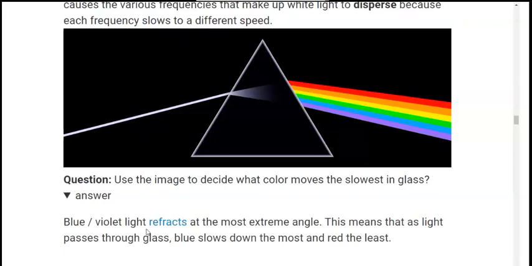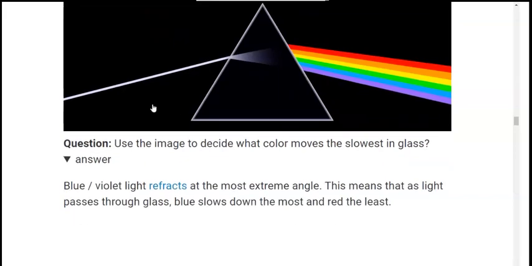This means that as light passes through the glass, blue or violet slows down most and red slows down least. This is the basic fact, and that's why white light when passing through a prism, different colors get deviated through different angles and hence get dispersed, and this optical phenomenon is called dispersion.